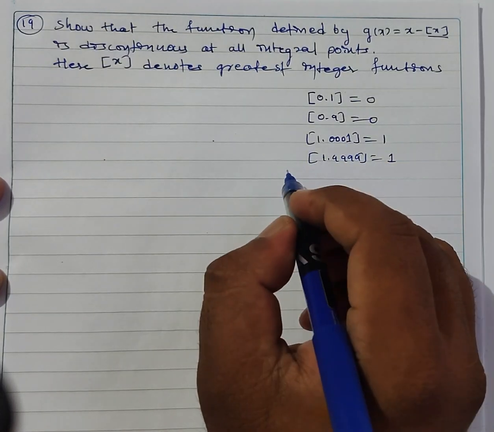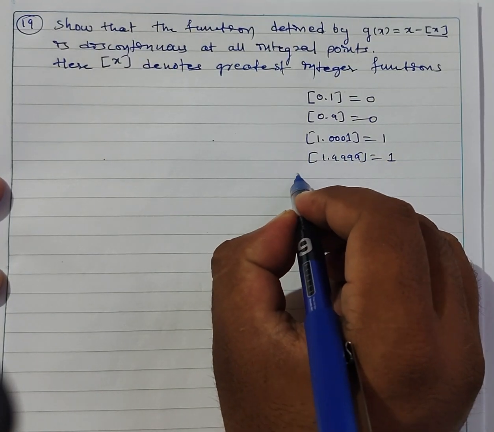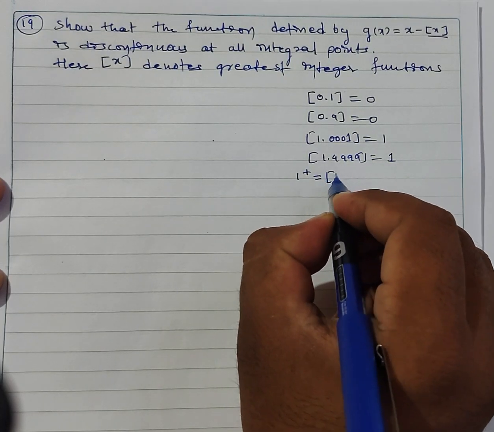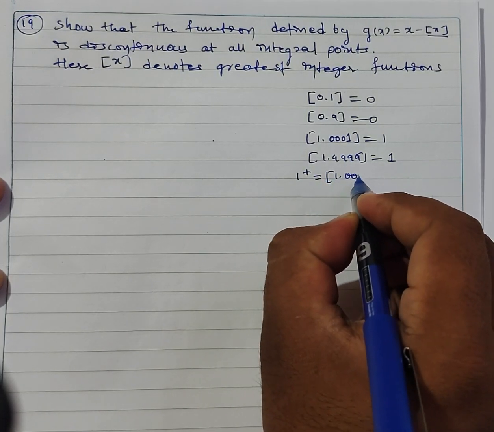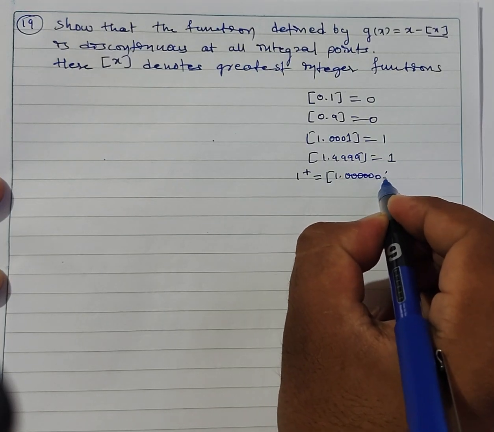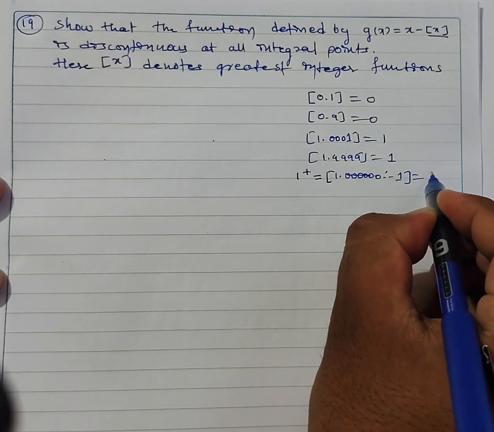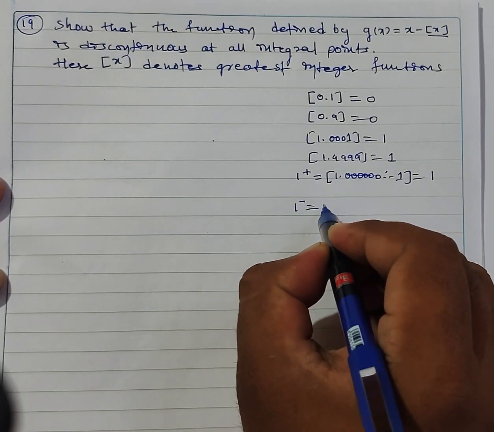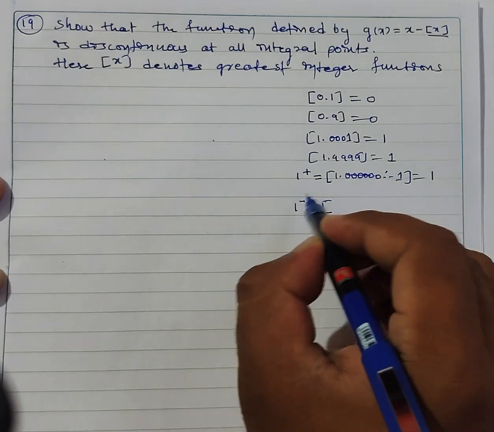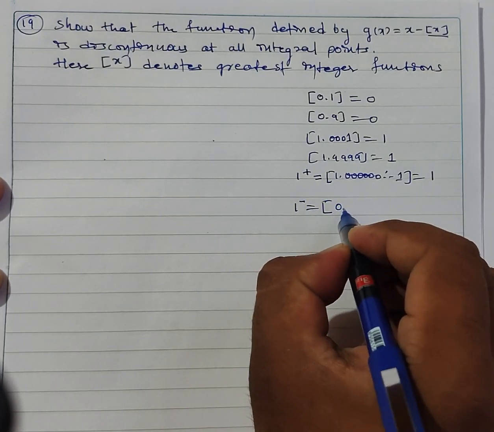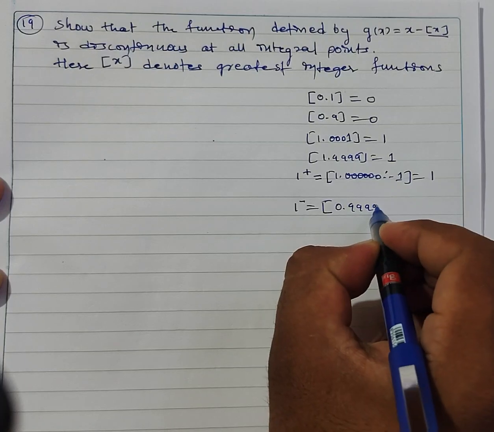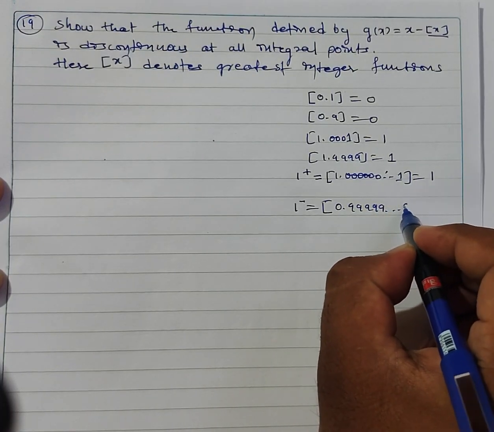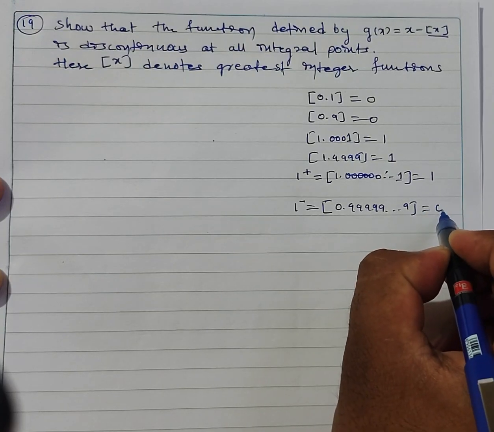Suppose I say 1 plus: it should be greater than 1, approximately 1.000000, somewhere above 1. So this value becomes 1. 1 minus means less than 1, like 0.9999, approximately 1 but less than 1, so this value becomes 0.